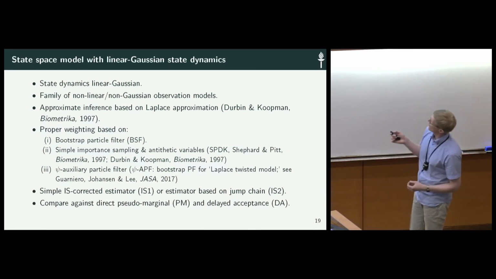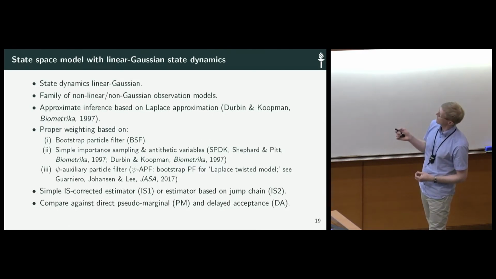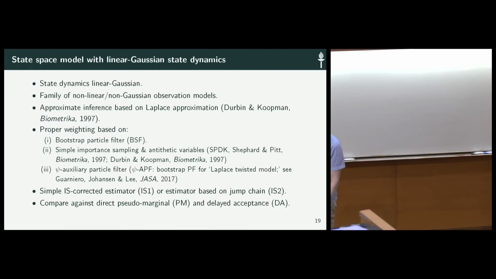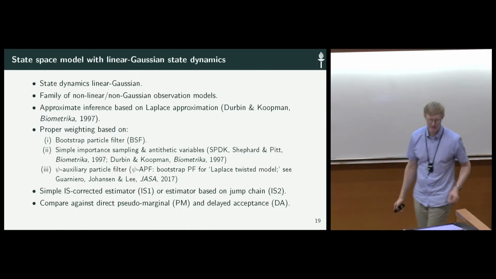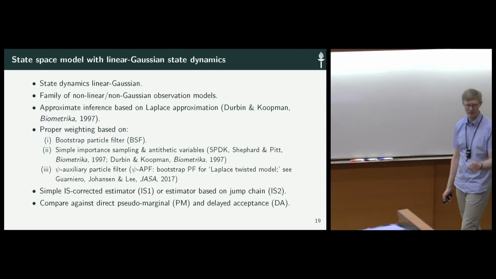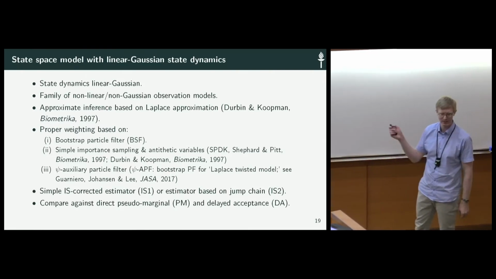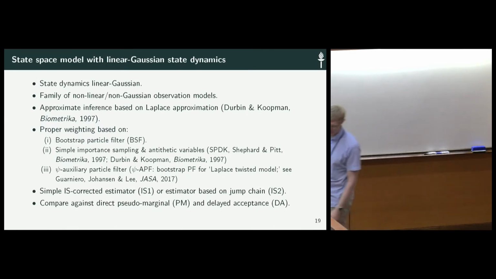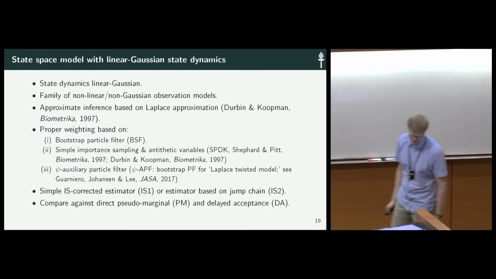If you combine with antithetic variables, I was struggling to outperform the simple approach with the bootstrap filter. I thought that a particle filter should always work better than sequential importance sampling if you have that many observations. But it's not always so.